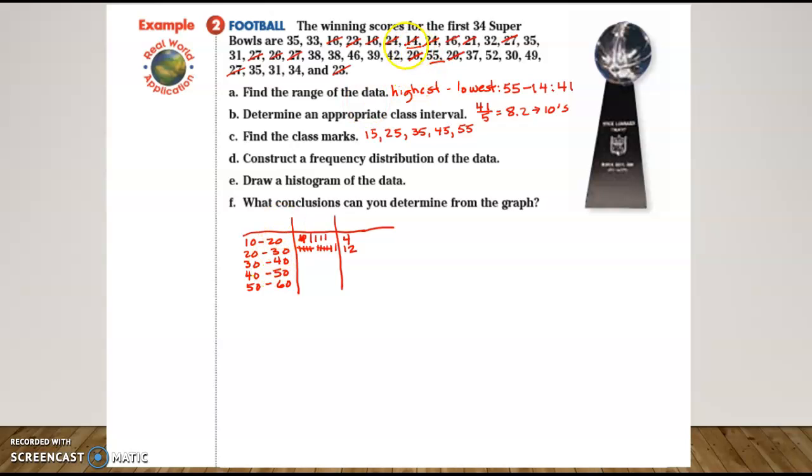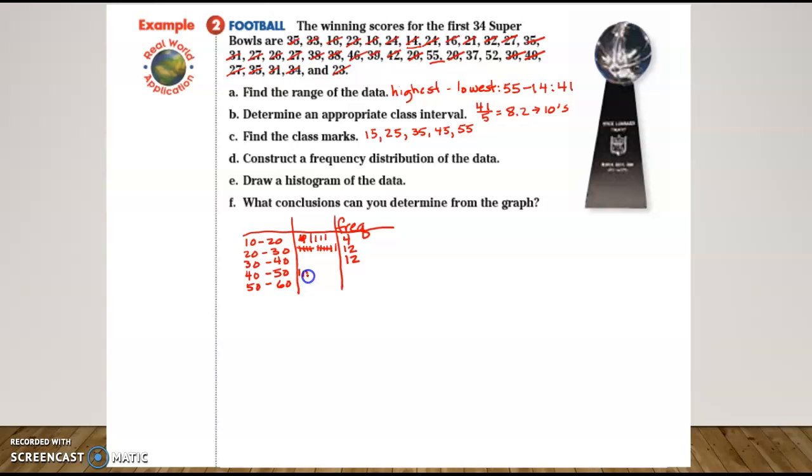So 30 to 40. 1, 2, 3, 4, 5, 6, 7, 8, 9, 10, 11, 12. So once again, I have 12 from 30 to 40. 40 to 50, I have 1, 2, 3.